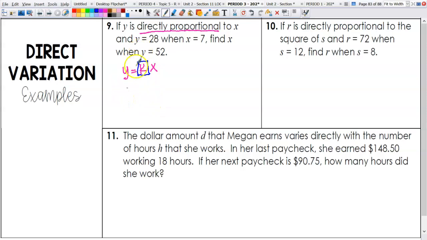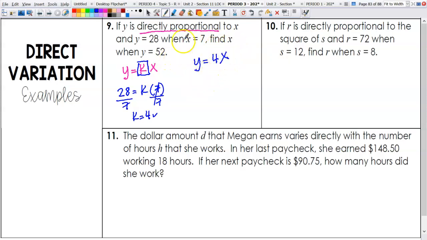Here I put the formula for the direct variation. The problem says if y is directly proportional to x and y is equal to 28 when x is 7, find x when y is 52. The first thing that we always have to find is the constant of variation. This is our goal first, right? The information that we have says that y is 28 and x is 7. So to find k, I divide by 7. So k will be 4, right? Now I rewrite the formula with the constant of variation that I found. And I say, okay, find x when y is 52.